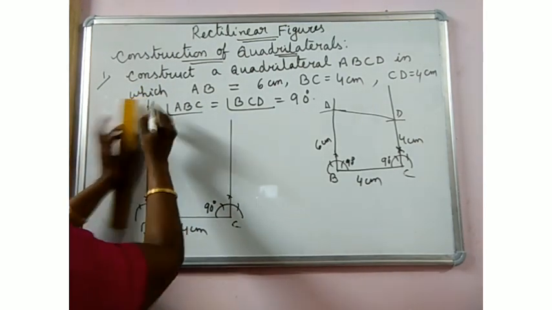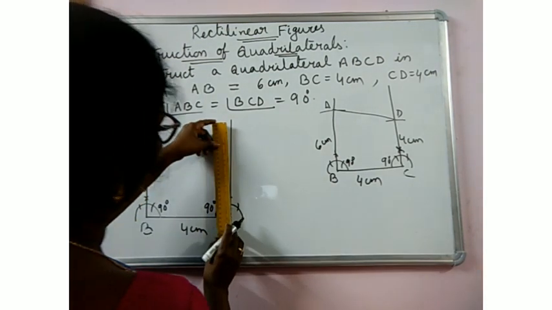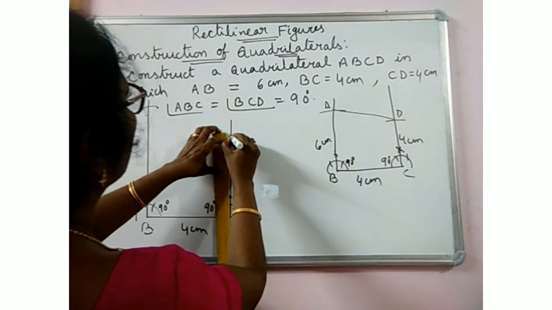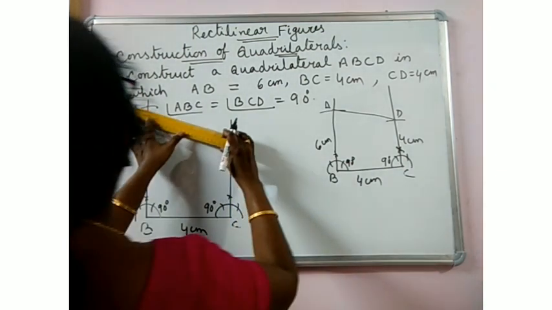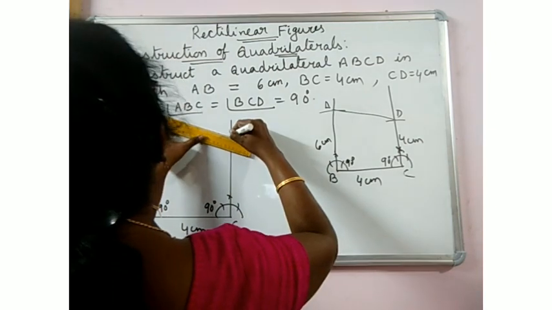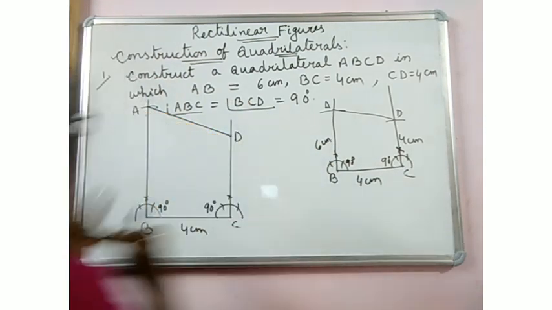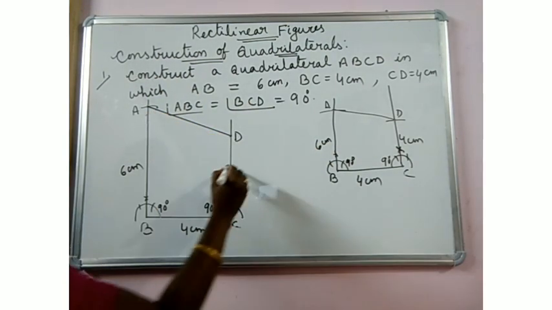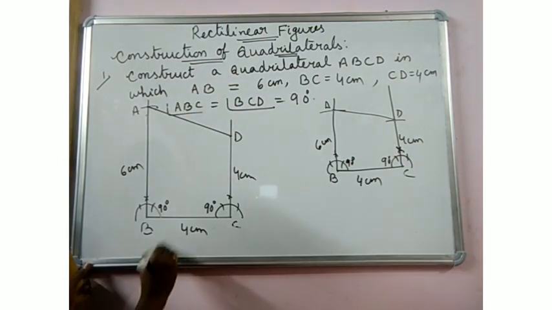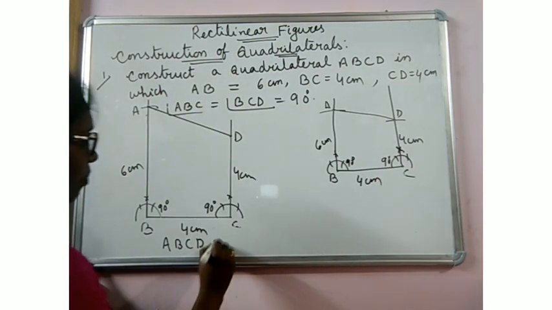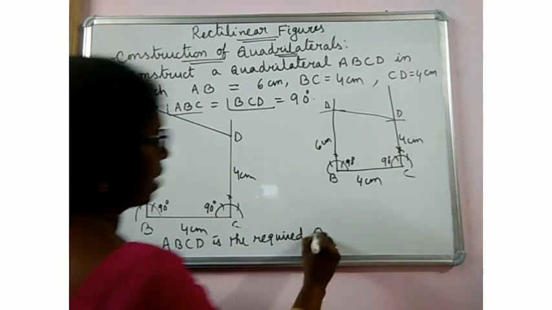As per this, I am getting A here. Name it A. CD is 4 cm, from C to D. Let us join A and D now. Whenever you join, you should be very careful. This is 6 cm, this is 4 cm. So quadrilateral ABCD is constructed. ABCD is the required quadrilateral.